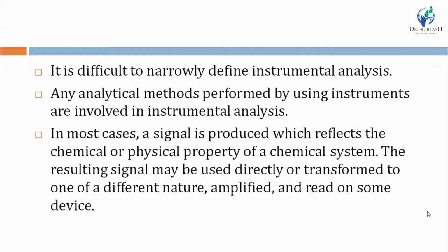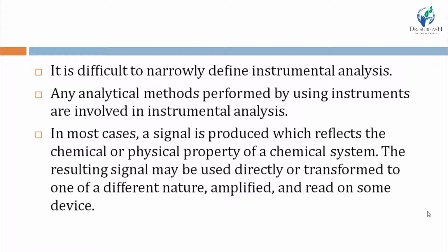Then this signal can be used either directly or it is transformed into another form, and then after this transformation the signal is amplified. Amplified means its sensitivity is enhanced, and then the result is read on some reading device, right?